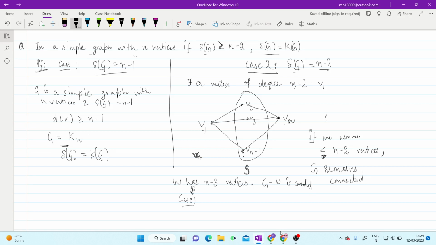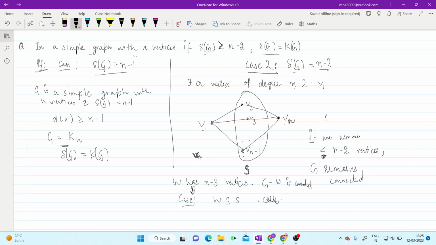Now case 1 is that all these vertices come from S. Since V1 is attached to all those vertices and Vn is also attached to these vertices, this graph remains connected, because we have V1 and Vn.